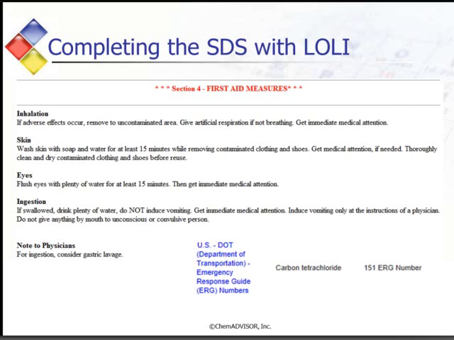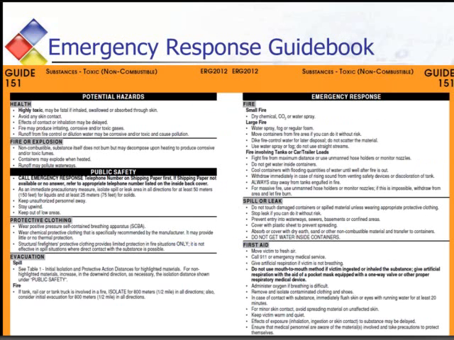And that can then lead you to the emergency response guidebook number 151, and here you can see we have information on potential hazards, public safety, protective clothing, evacuation instructions, emergency response addressing fires, spills, and leaks, as well as, as I mentioned, first aid for Section 4 of your SDS.